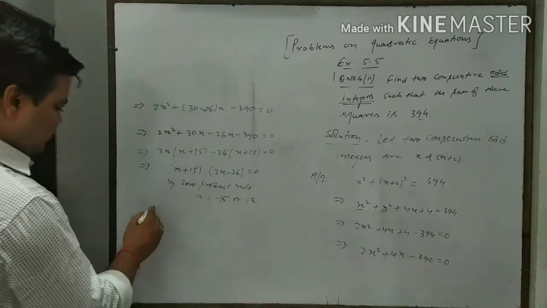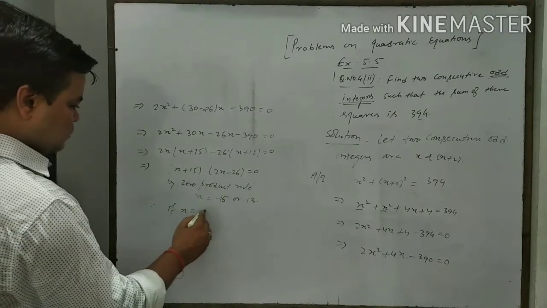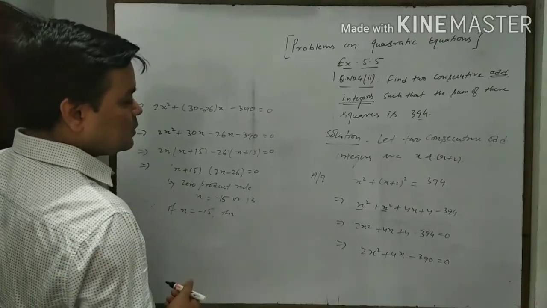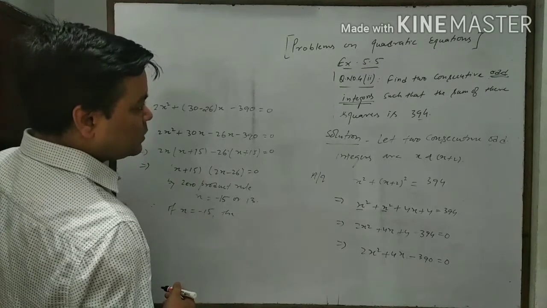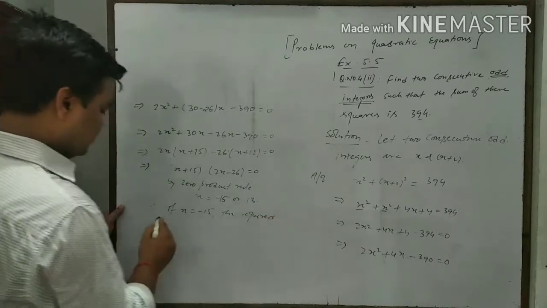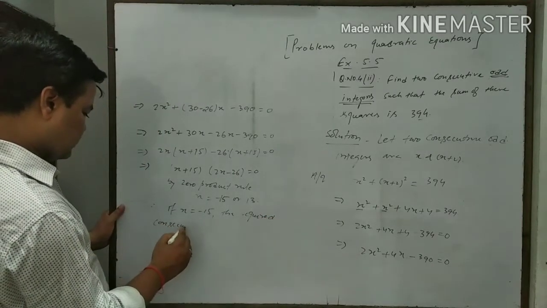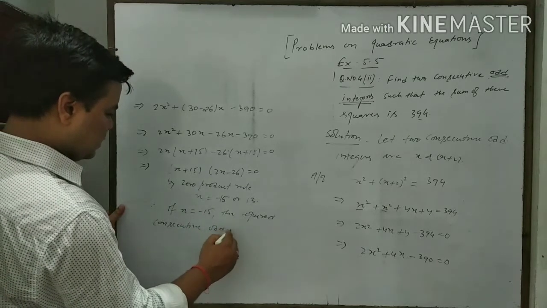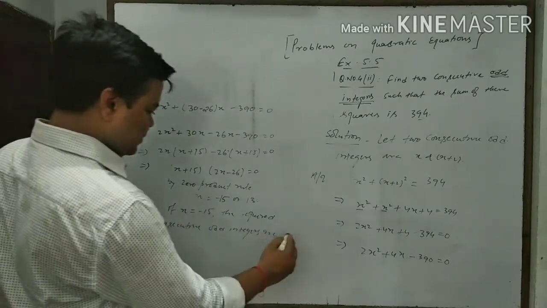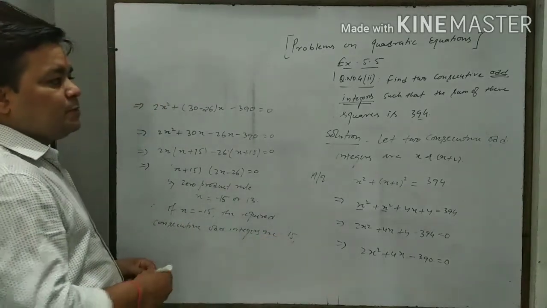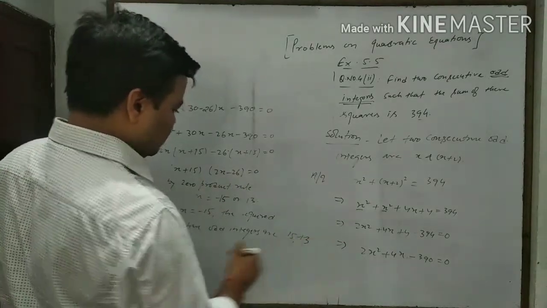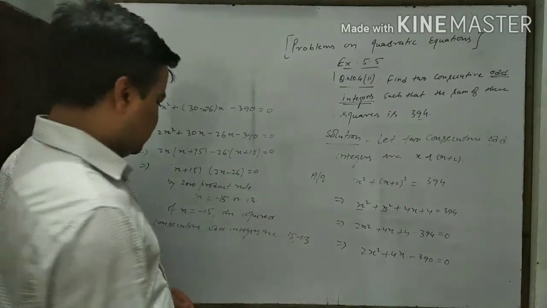Okay, therefore if x is equal to minus 15, then the required consecutive odd integers are how much? Minus 15 and minus 15 plus 2, that will be minus 13, because minus 15 and plus 2 will be minus 13.